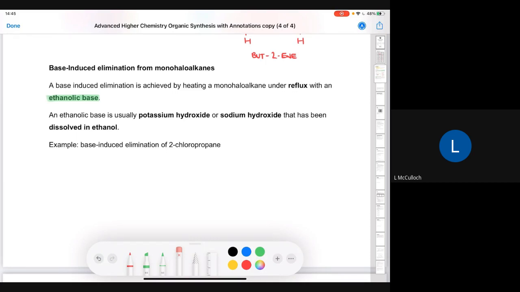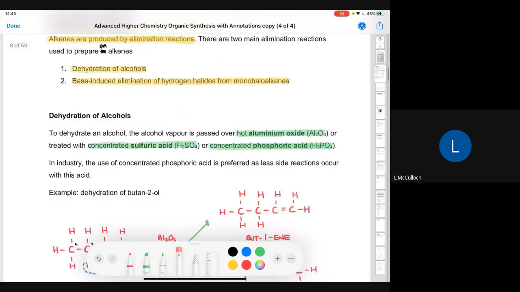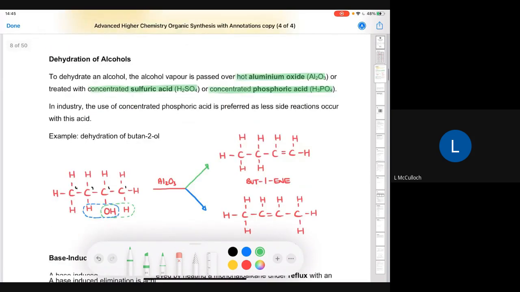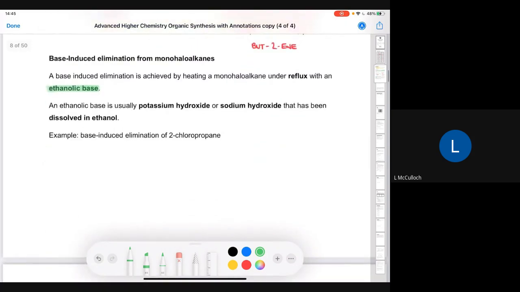2-chloropropane. Now, strictly speaking, we could just call this an elimination reaction, because ultimately that's what it is. All of our preparation of alkenes is by elimination reactions. But by using the full name of base-induced elimination, it gives us a clue as to what the reagent is that we use to do the elimination reaction. We use a base.